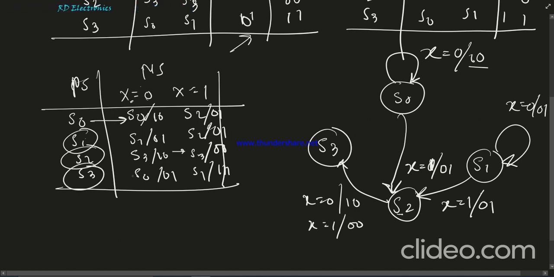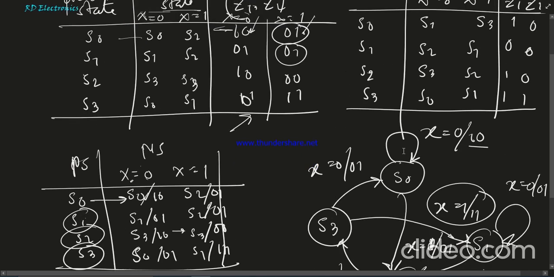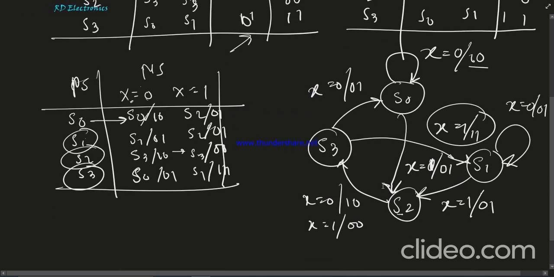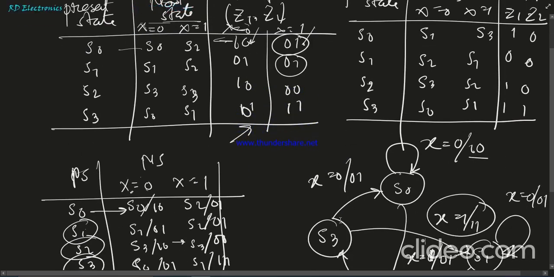Now for s3, what is the transition for x equal to 0? s0. This is for x equal to 0, and what is the output? 0 1. And when x is 1, this goes to s1, from here to here. This is for x equal to 1, and the output is 1 1. So this is the state diagram or state transition graph of the synchronous sequential circuit, and this table helps us to design a synchronous sequential circuit.